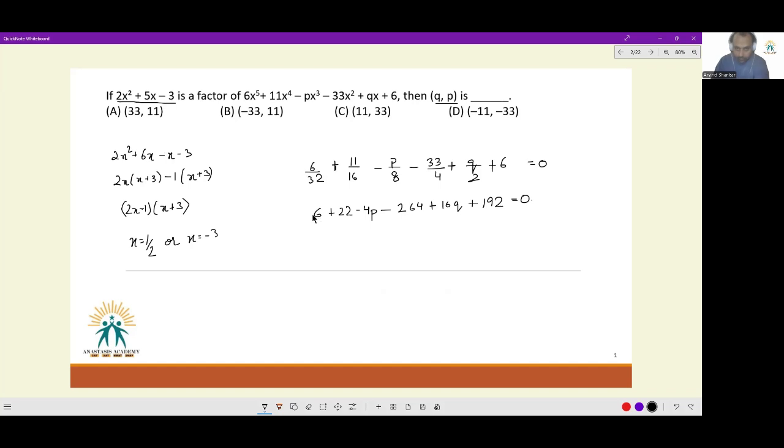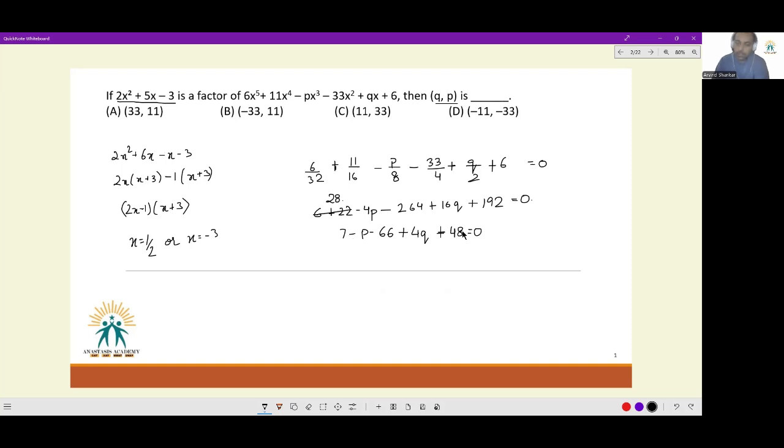So from this, first thing I can see is I can add these up to get to 28. And now every term is divisible by 4. First, I want to get rid of 4 because then I will have smaller numbers to deal with. It will be 7 minus p minus 66 plus 4q plus 192 divided by 4, which is 48, is equal to 0.